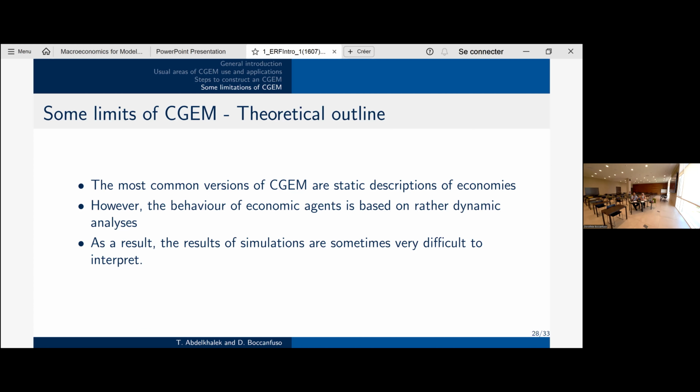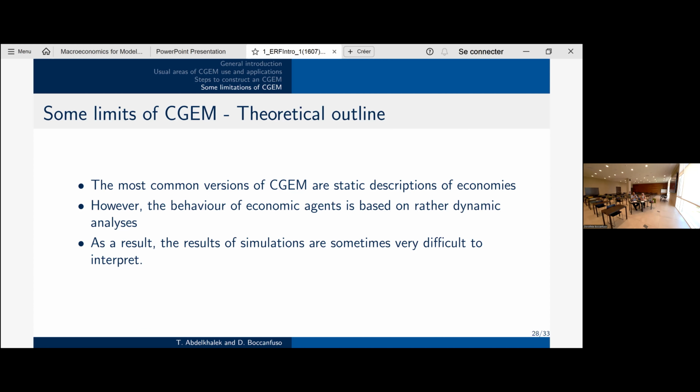The same thing if we are looking at the impact of the education sector in relation with our demographic situation. We have to look at all the transition and we have to construct a dynamic model. But generally, it's a difficult one.